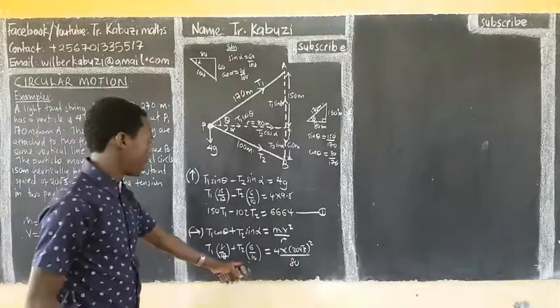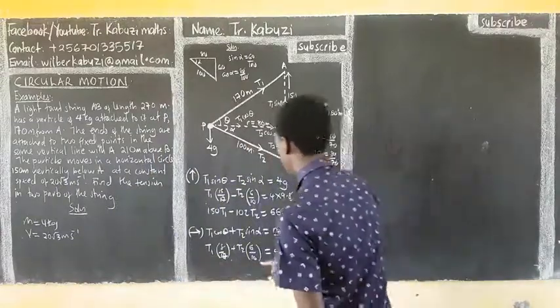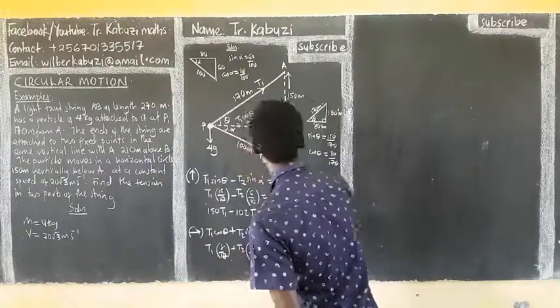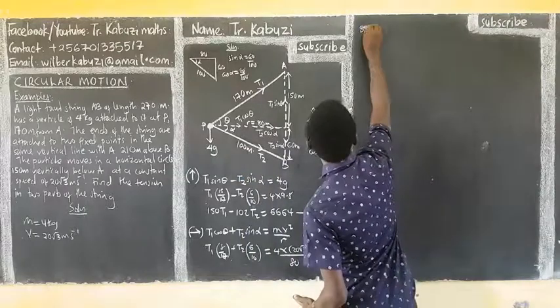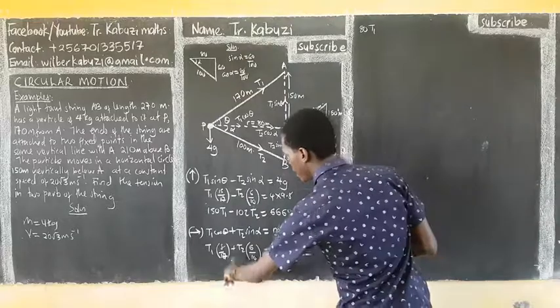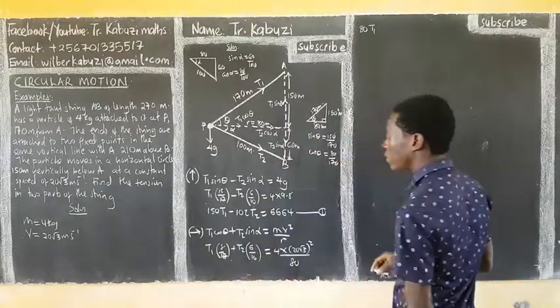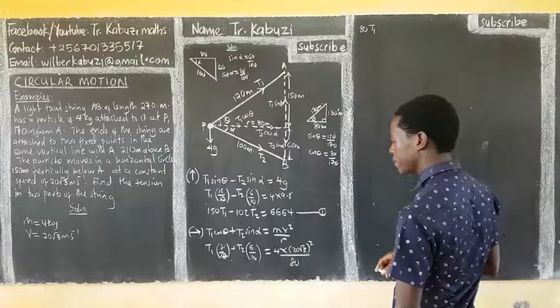And so from there, I think you can see we are going to have 80 T1. When I get this times this, then I get 17 times 6.